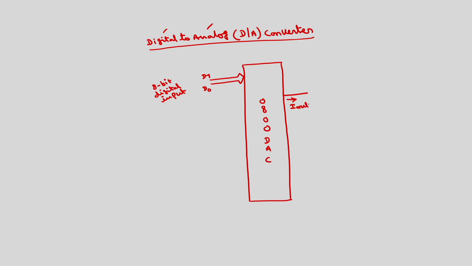This I out is proportional to the digital value. This has to be converted into voltage by using an external current to voltage converter, which can be implemented by using an operational amplifier.